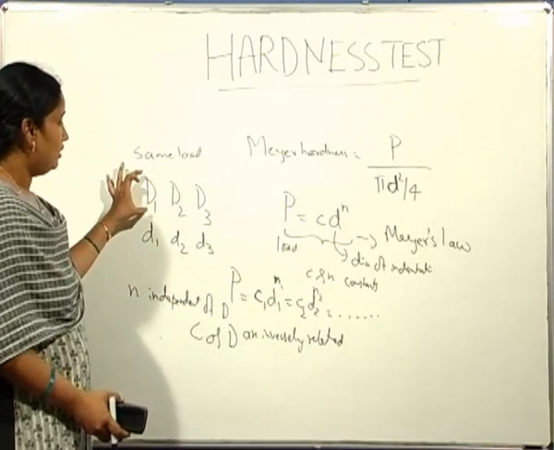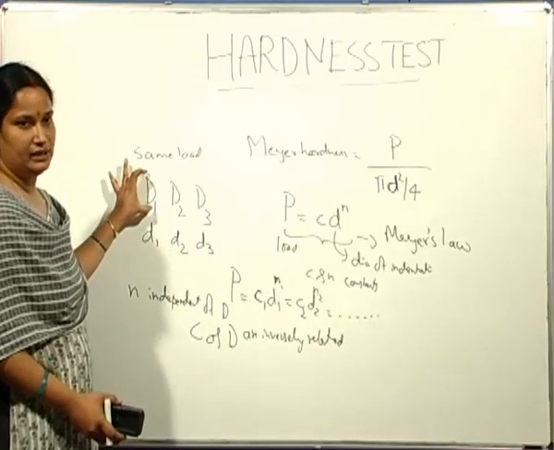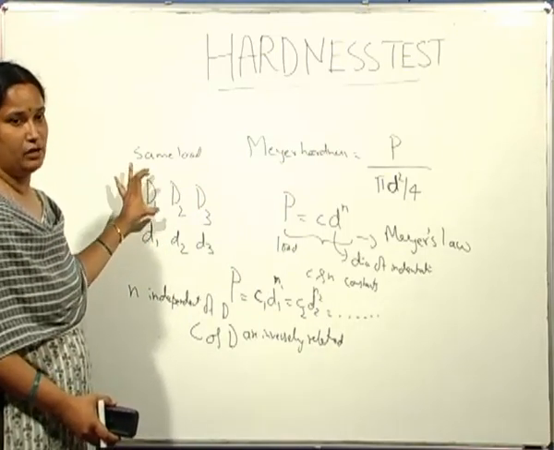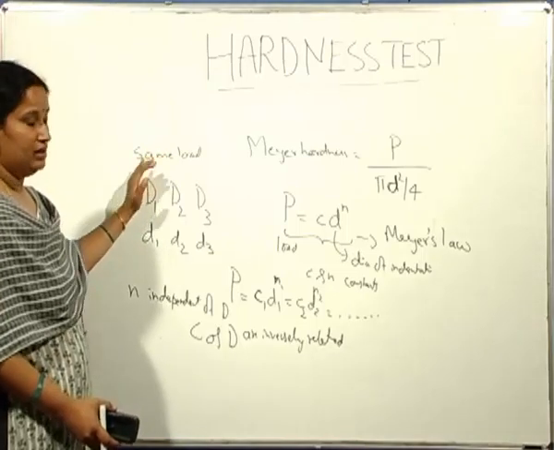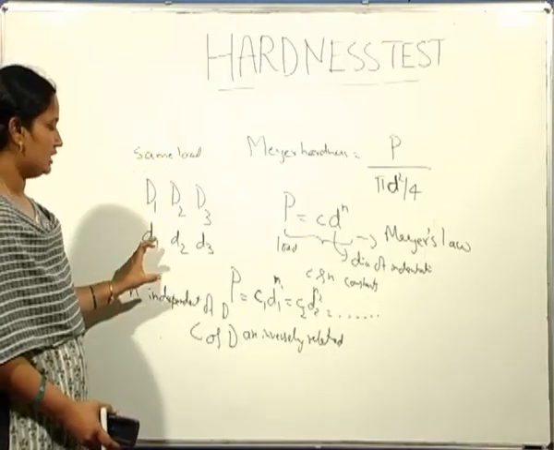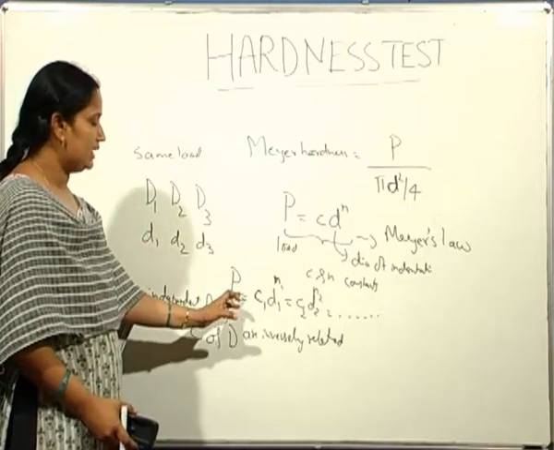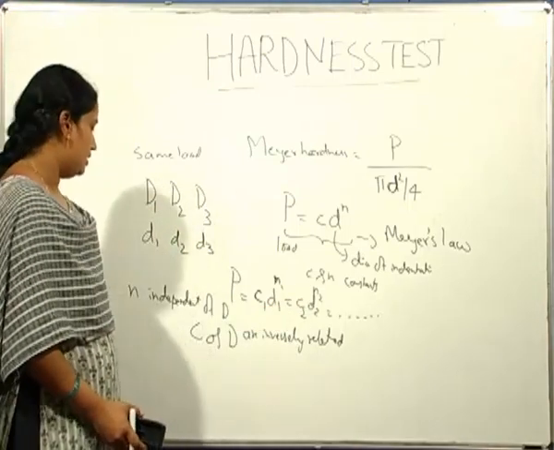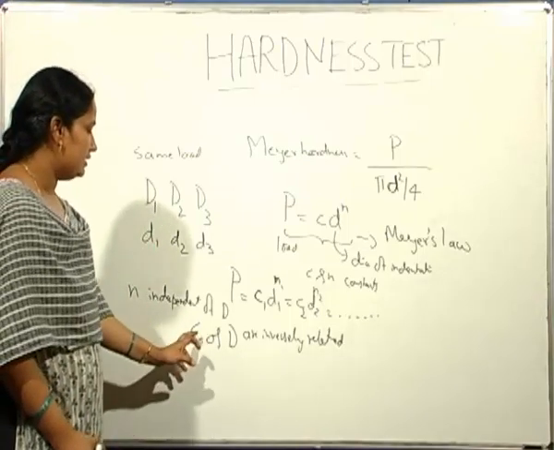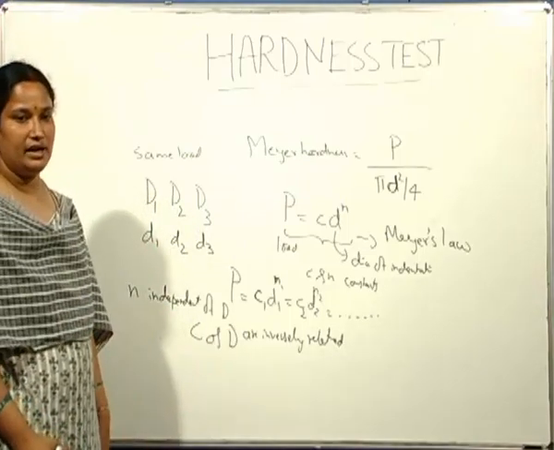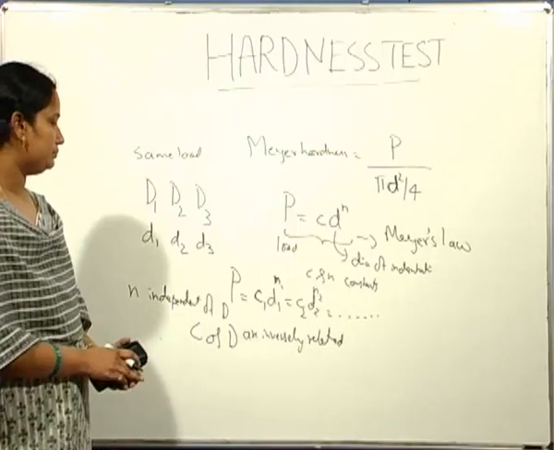That means when using different indenters, different diameters of indenters under the application of the same load, the diameters of indentations produced are d1, d2, d3. So it can be written in this form, where n is independent of the diameter of the indenter and C and D are inversely related.